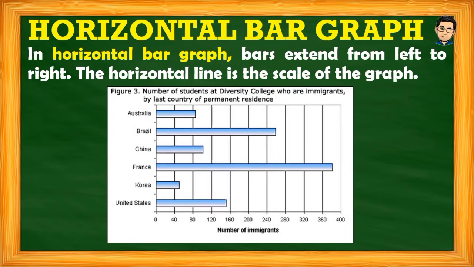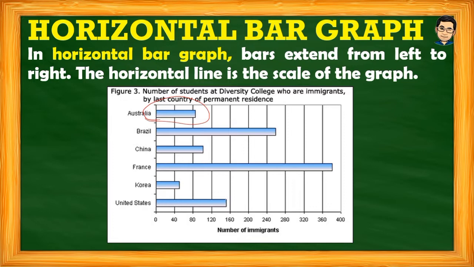Like for example, yung ating horizontal bar graph. Nakapahiga po yung mga bars, and kung mapapansin natin, magkakahiwalay sila. Meron po kasi tayong particular na graph wherein magkakadikit yon, na i-discuss ko sa mga susunod pang video lessons.